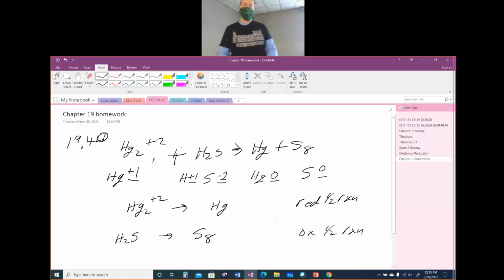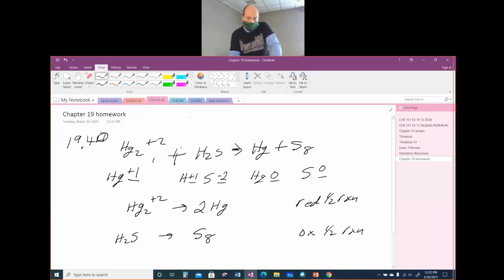All right, so this one is a difficult oxidation reduction because you have to do the next step, which is to balance the atom changing oxidation state. All right, so it is the Hg. We have Hg2, but we only have one Hg on this side. So you have to put a 2 in front of the Hg here.